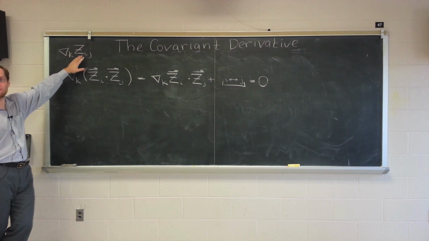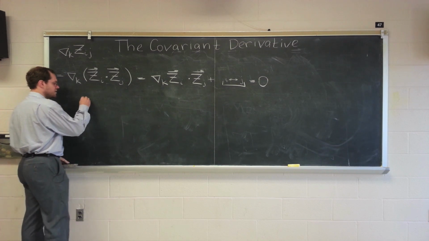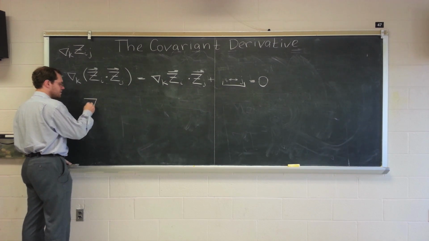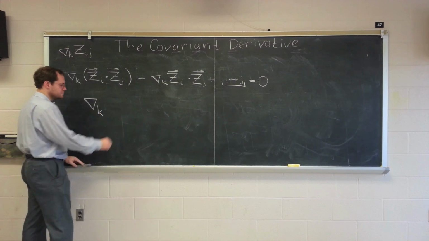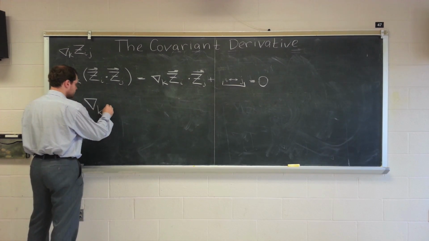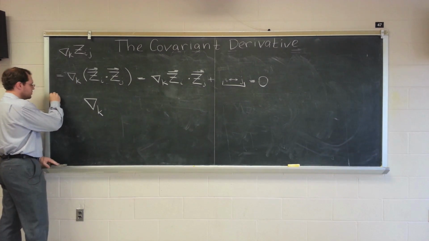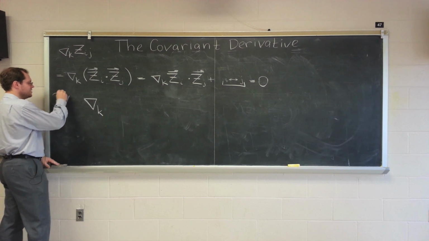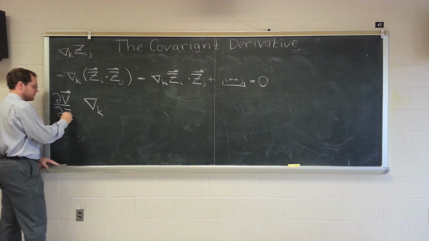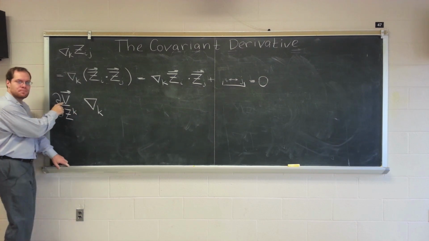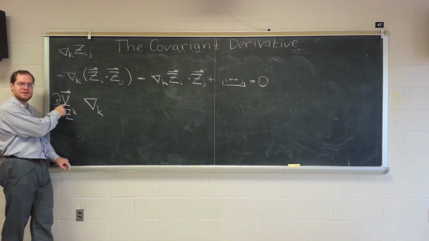And I will show you one final thing. Think about applying the covariant derivative. So if you think about this, I'm glad I had a chance to mention this: the partial derivative of an invariant.